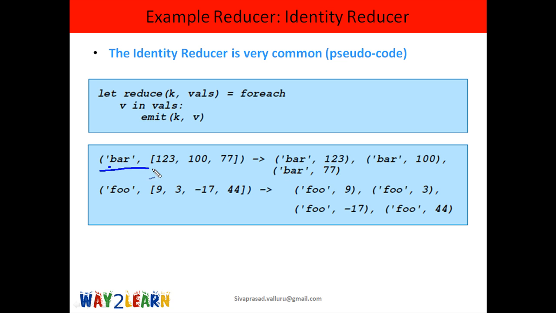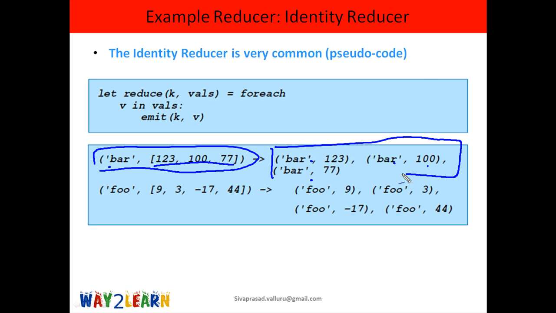So see here, if this is the key value pairs passed to reducer, the value is list of some values, right? So if your reducer is emitting each individual values again, so output of reducer is same as the output of your mapper. If the output of mapper is like this, when it is coming to reducer, for each key the values will be aggregated like this, is it?